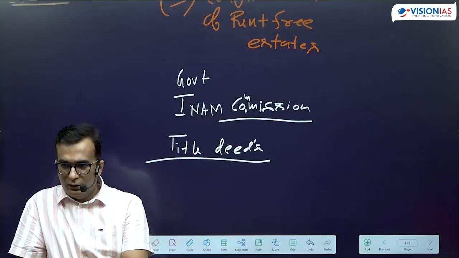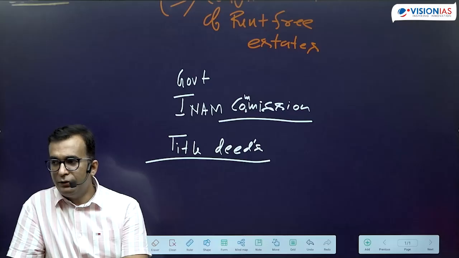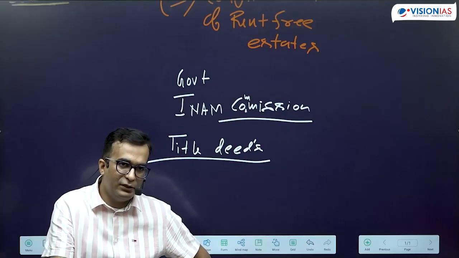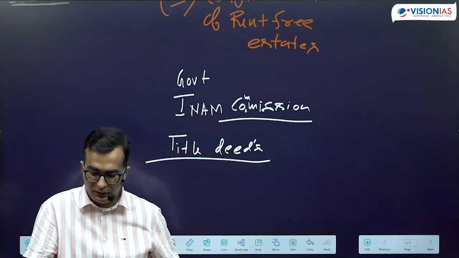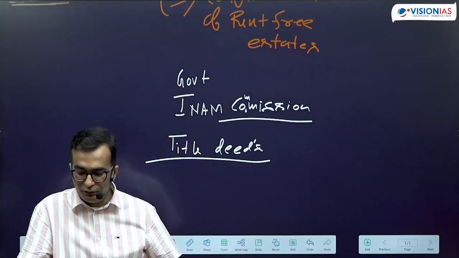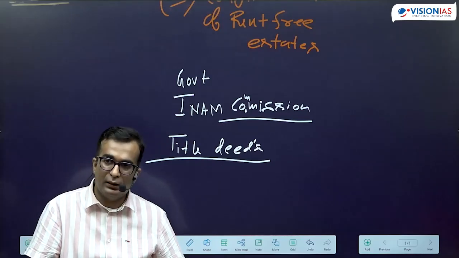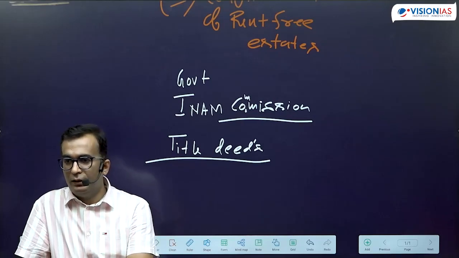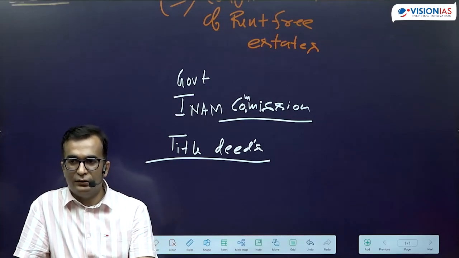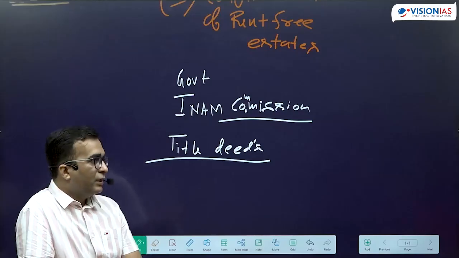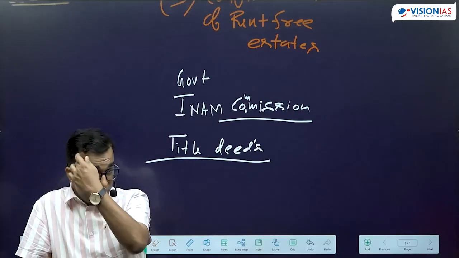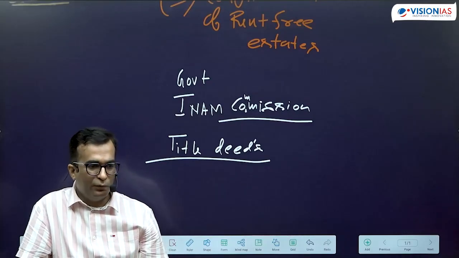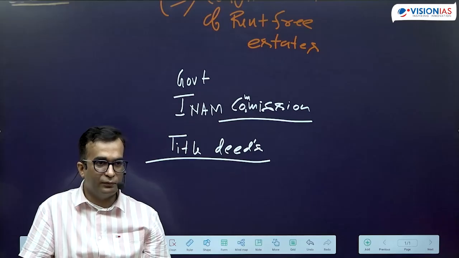Then in between 1852 to 56, near about 21,000 cases of rent-free states were brought before the commission. Full stop.